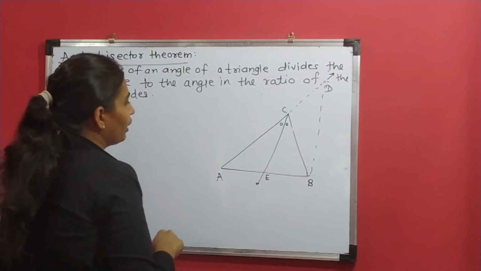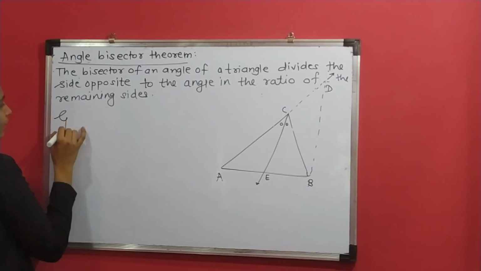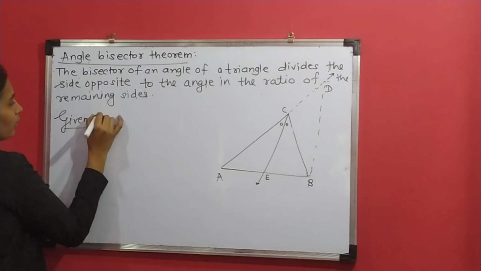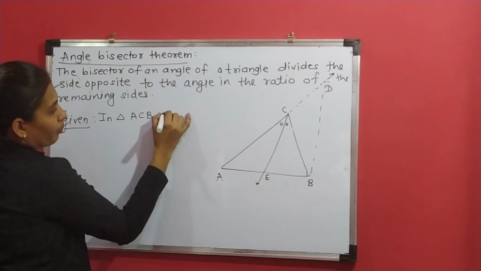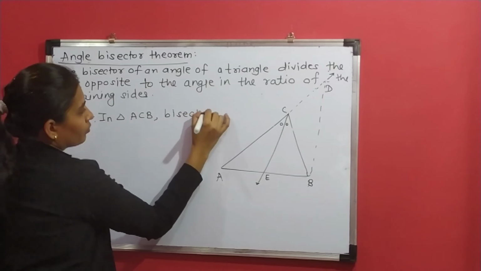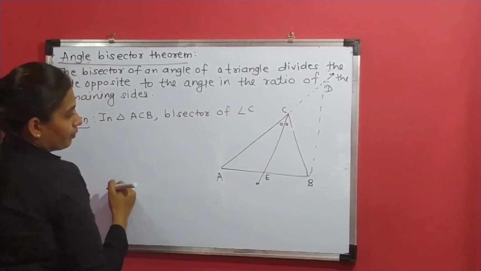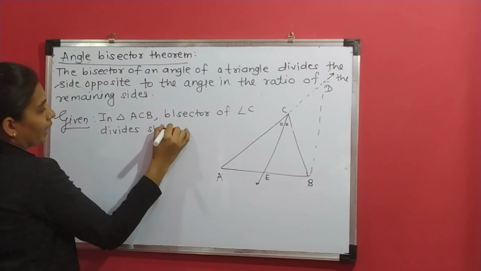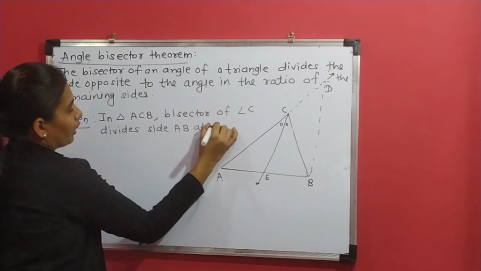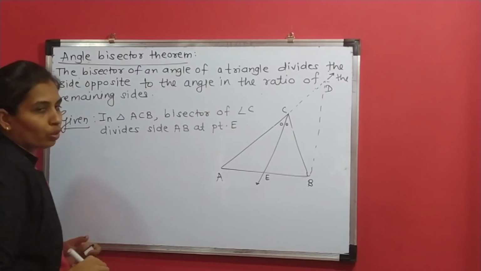Okay. So what will remain? We will write in given: in triangle ACB, bisector of angle C divides side AB at point E. Okay.